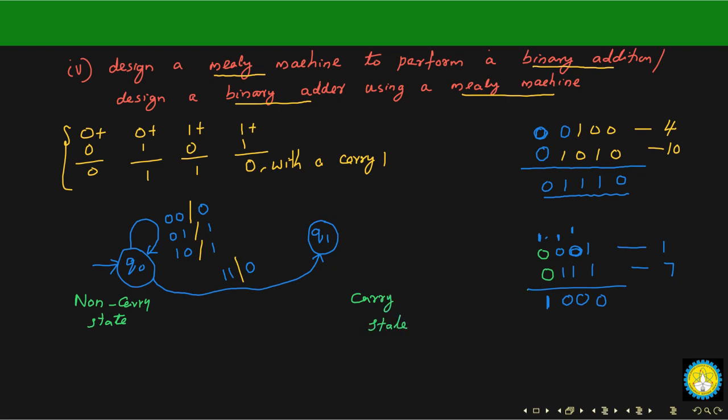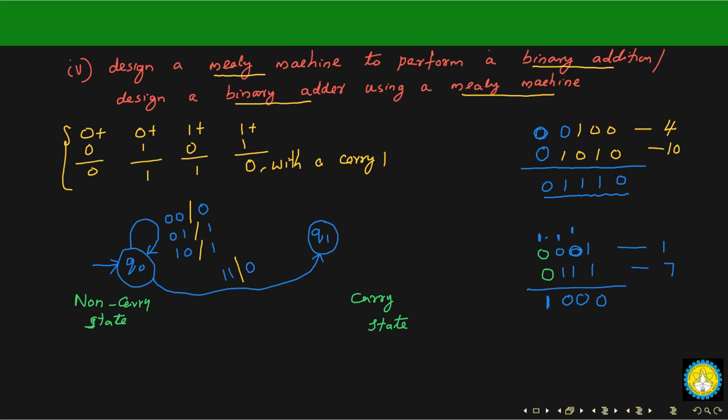So when you write the rules of binary addition in a non-carry state, you're assuming that you don't have a carry with you. But at Q1, you know that the carry is there, and when you write the rules of binary addition, you also have to add that carry.